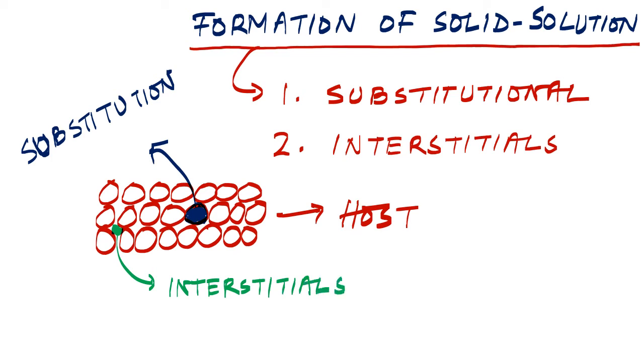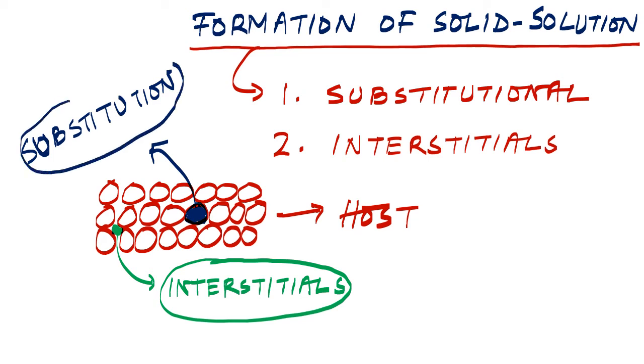So one kind will not replace the host atom but will fill the void, the interstitial, among the host atoms. And there is another way of adding the foreign atom, as a substitution. It will go and substitute the host atom.